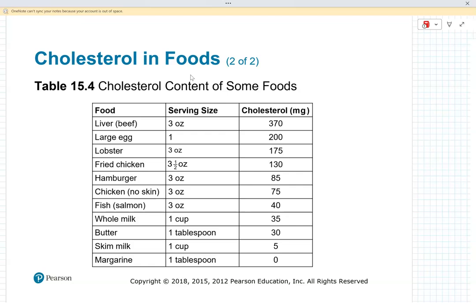Only 15% of cholesterol in your body is actually from food. 85% is synthesized. I mean, you have to put some really enormous effort to change your circulating cholesterol levels through food.